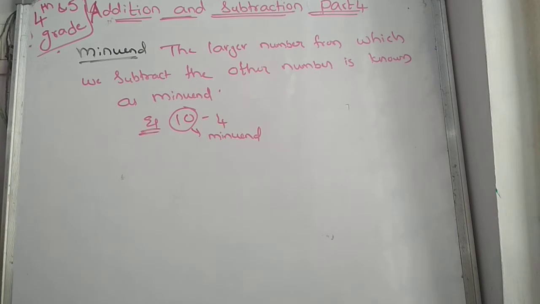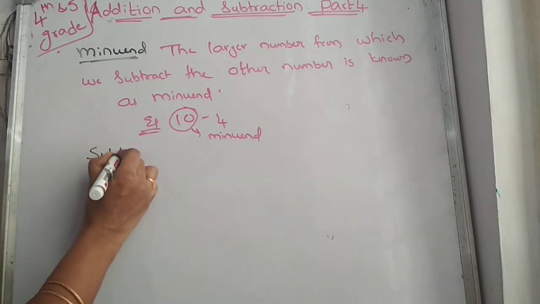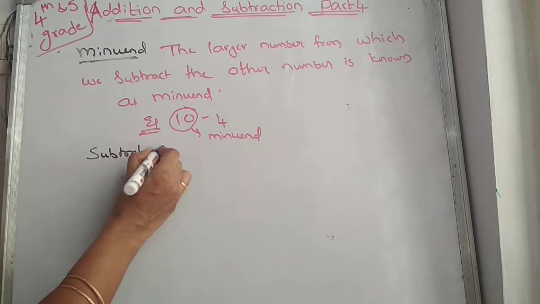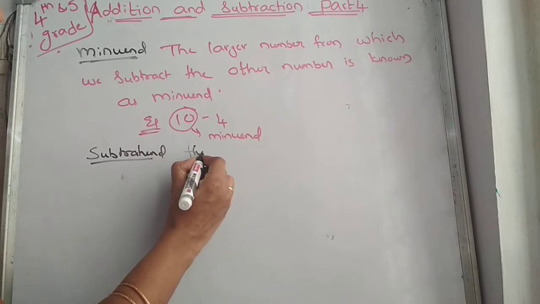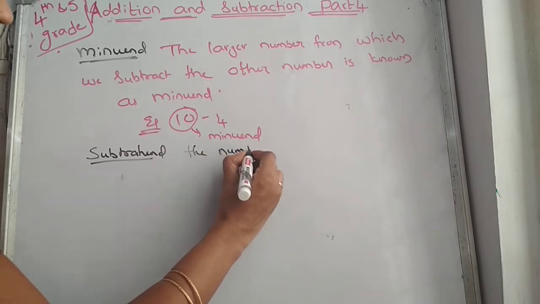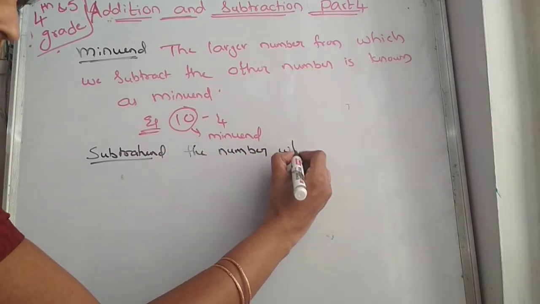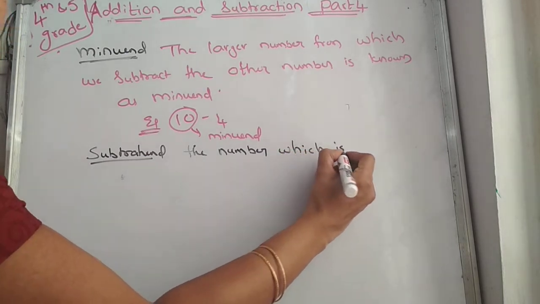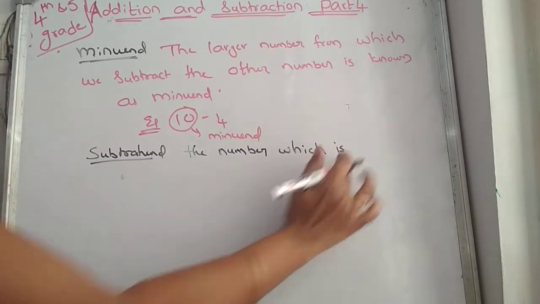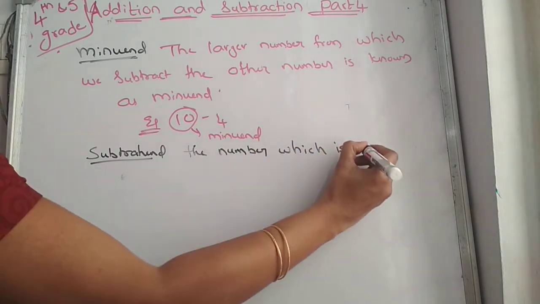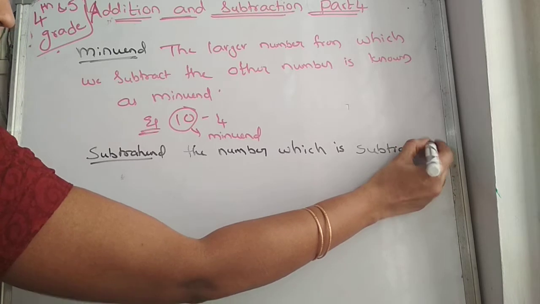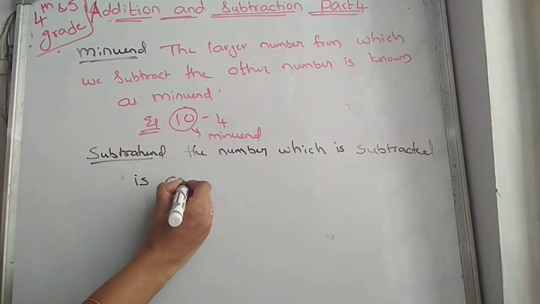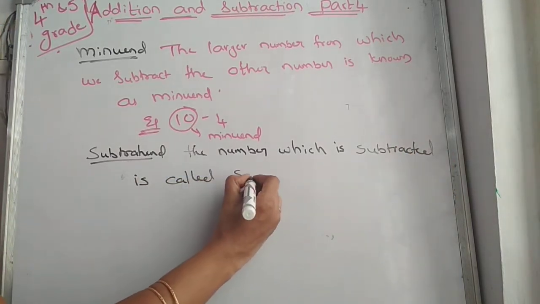Then next one is subtrahend. What is the subtrahend? The number which is subtracted is called subtrahend.